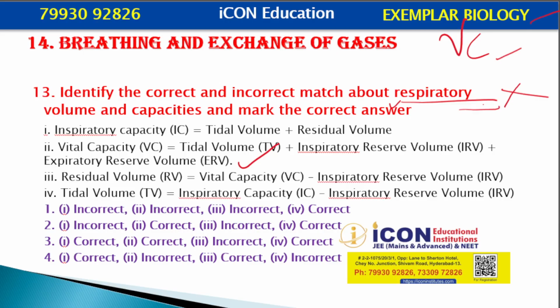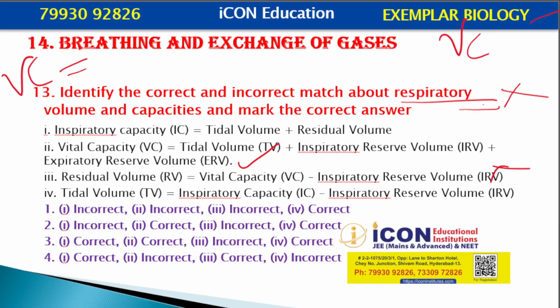What is VC? VC equals TV plus IRV plus ERV, as we have already seen. So it seems to be incorrect here. VC minus IRV is incorrect.